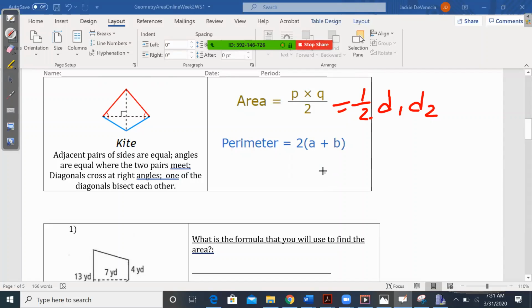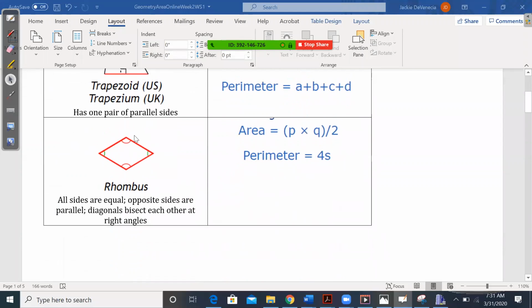And just note, just like with our rhombus, whenever our diagonals cross each other or bisect, for the rhombus you're making right angles, and they're cutting each other in half.